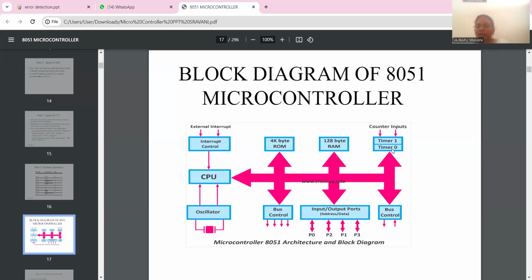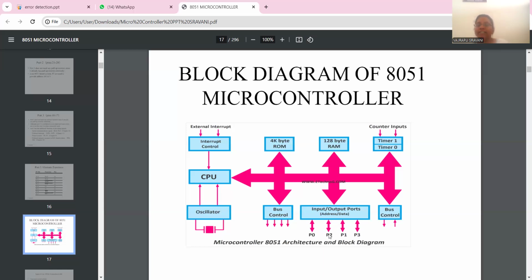There are two timers, timer 0 as well as timer 1, both 16-bit in size. The input output ports are bidirectional. If you observe here, there are arrows in two directions, for port 0 and port 2. Why? Because port 0 carries the lower order address and data, and port 2 carries the higher order address.